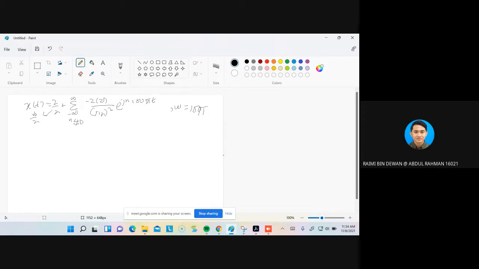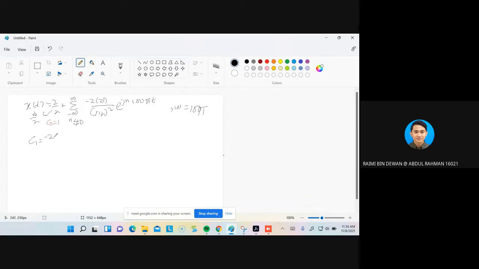So now your C naught is actually 1. And then C1, you just settle accordingly. Then C1 equals what?